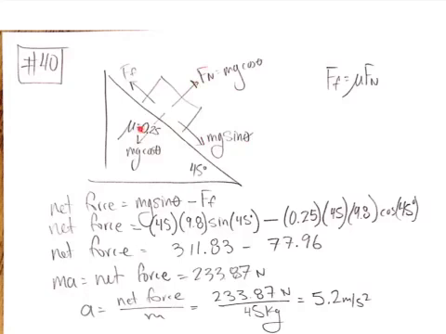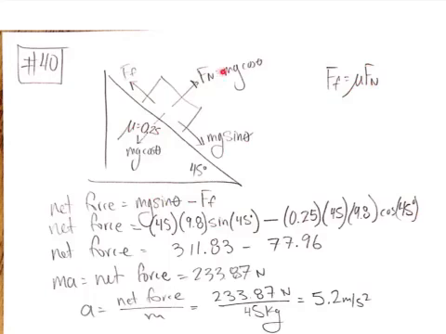Normal force and perpendicular component of weight are equal. They cancel out. The net force acting on Stacy will be parallel component minus friction. Plugging in all of these values, where again frictional force is mu times the normal force.